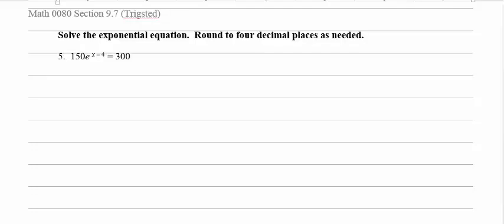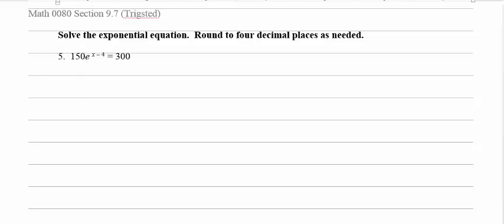Let's look at number 5 from the section 9.7 worksheet. And we'll solve this exponential equation where we want to round our answer to 4 decimal places as needed. When we're solving an exponential equation, we don't want to apply a logarithm until we have the exponential isolated.